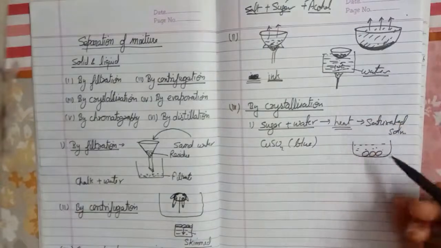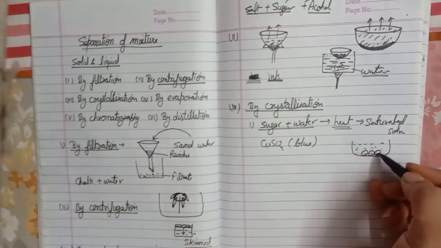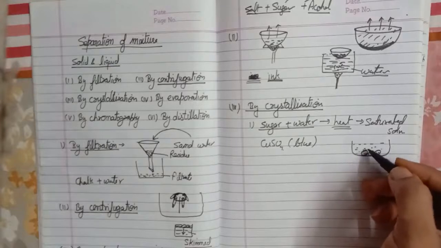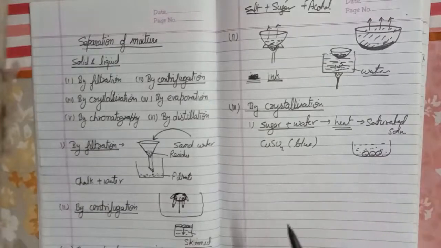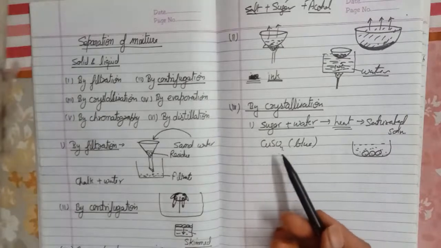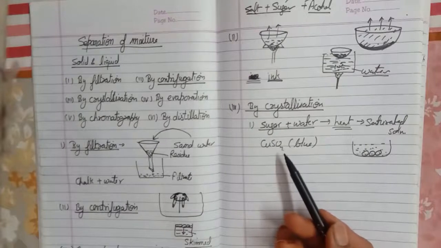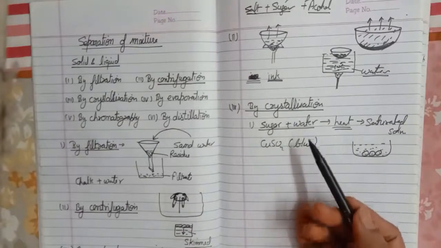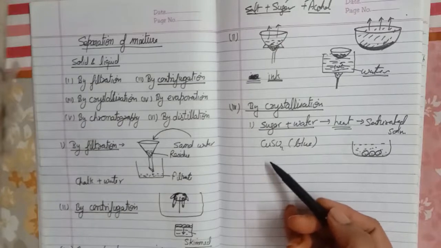But in this method, we will get pure crystals of sugar. The impurities will be left behind in the solution. For the purification of the copper sulfate solution also, if you want to obtain copper sulfate crystals, you will use this method, and by this method we can remove the impurities from the solution.